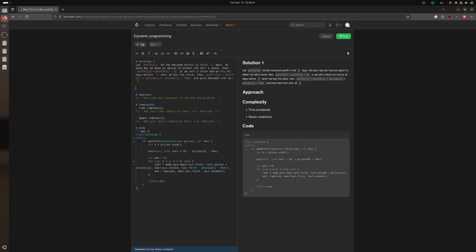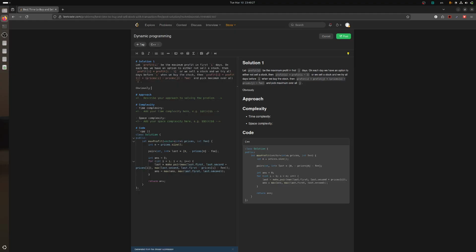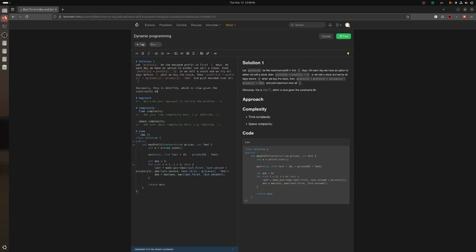Okay, obviously this is O of n squared, which is slow given the constraints n like 5 times 10 to the 4.